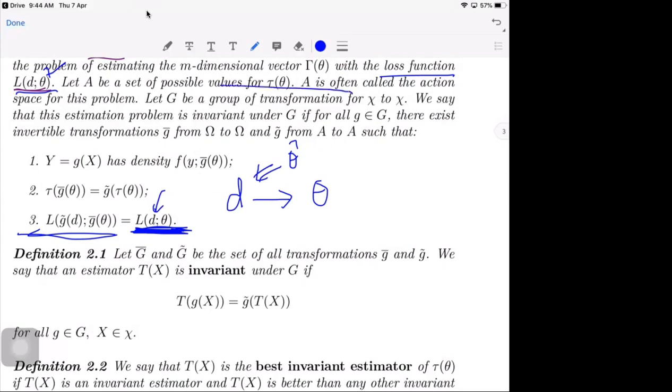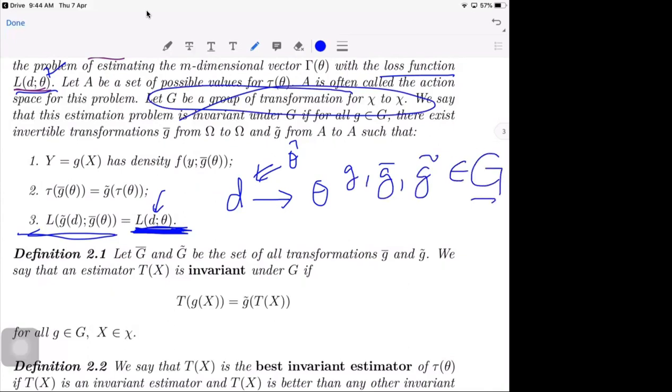As long as mo satisfy ni siyang imuhang kini imong mga G bar, G bar, and G tilde, dapat naana siya sa imuhang group of transformations such that it is just an invertible function that is from chi to chi, no?